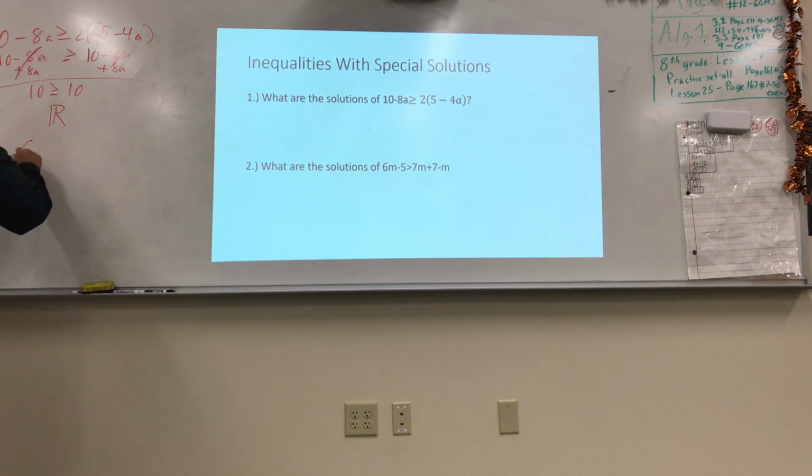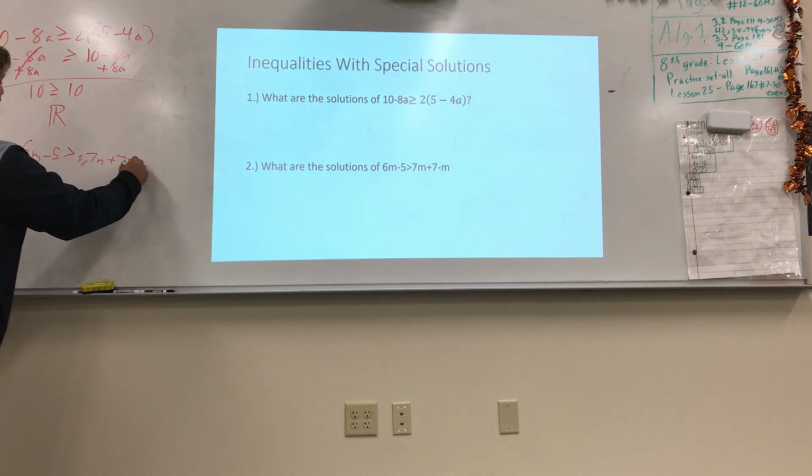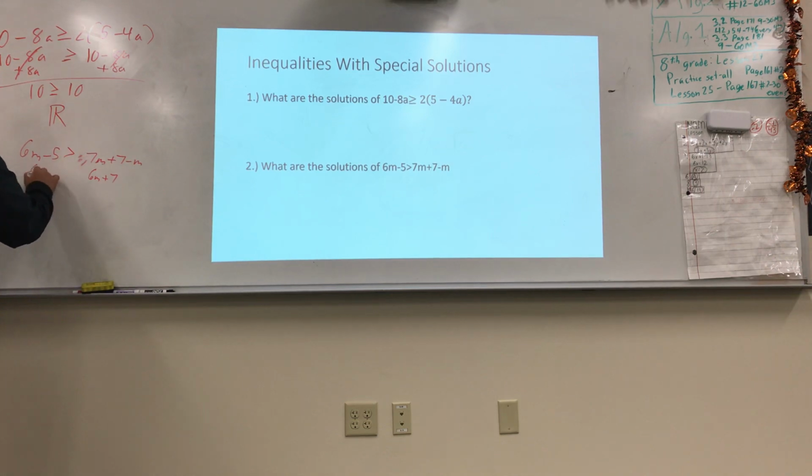Let's do the bottom one. We have 6m minus 5 is greater than or equal to 7m plus 7 minus m. If I add my m's together, I'm going to get 6m plus 7. I'm going to get 6m minus 5 over here.